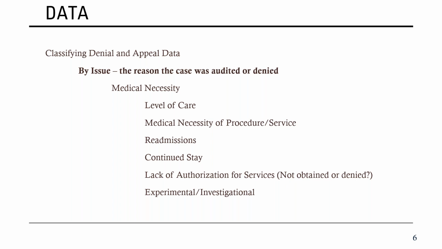You could say, okay, the payer denied it because we didn't even apply for authorization. We didn't even attempt to get authorization. That could be an issue, but it's also going to be a root cause, and I'll talk about root causes in a little bit. And then experimental investigation, we see those denials as well on the medical necessity side.